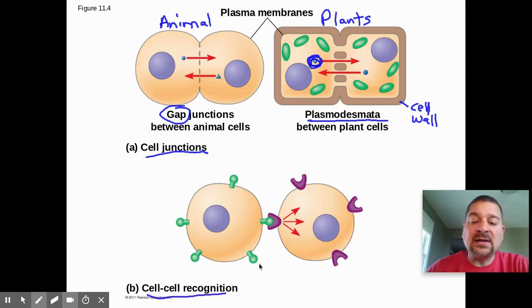Cell-to-cell recognition is a big one. In Bio 2, when we talked about immune responses, you have antibodies that recognize antigens. Remember, those were surface markers on the outside of the cell. That would be a type of local cell communication.